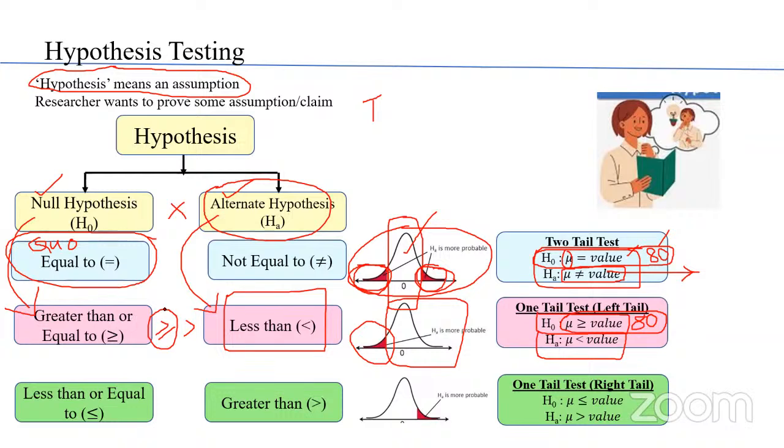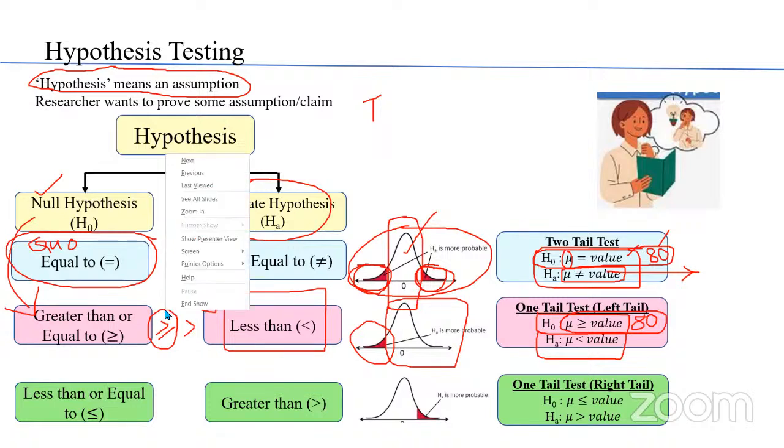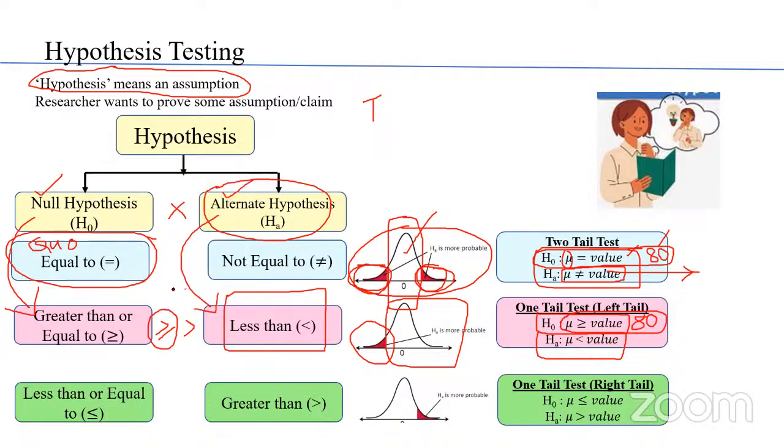If it is 3.5 kgs, there is no problem. If it is 3.8 kgs also, there is no problem. If it is less than 3 kgs, then there is a problem. For that, we need a treatment. So in such cases, we'll call it greater than or equal to.